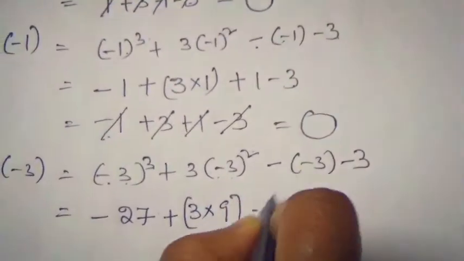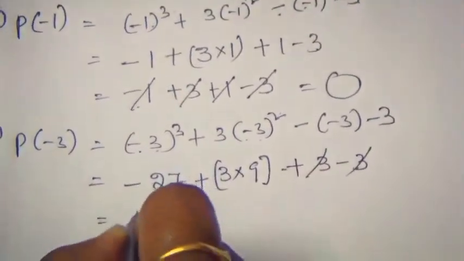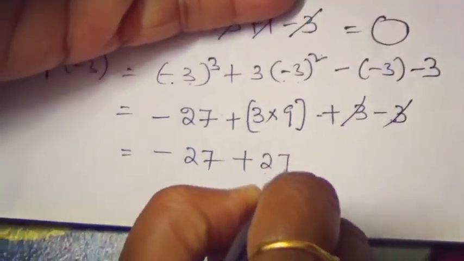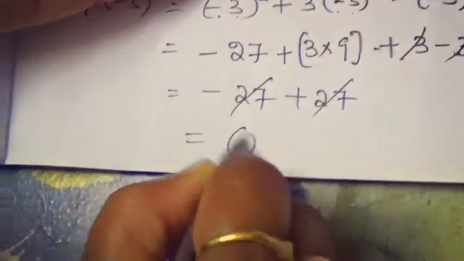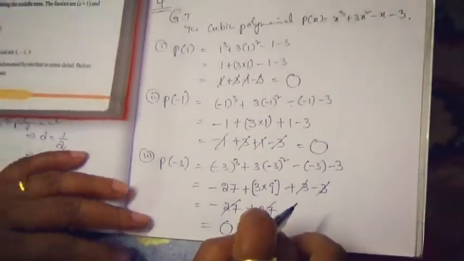So minus of minus plus 3 minus 3. Plus 3 minus 3 cancel, that is equal to minus 27 plus 27. So minus 27 plus 27 cancelled, hence these 3 give the zeros for this given polynomial.